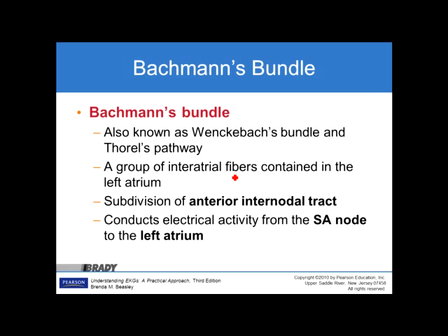A subdivision of the anterior internodal tract, it conducts electrical stimulus from the sinoatrial node to the left atrium, and this is what allows the electrical stimulus, whenever it fires in the sinoatrial node, to be put over into the left atrial area.